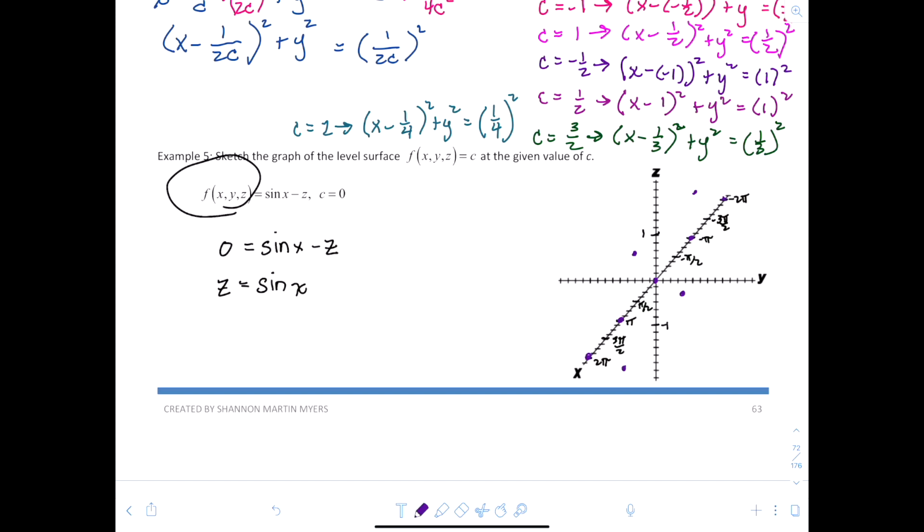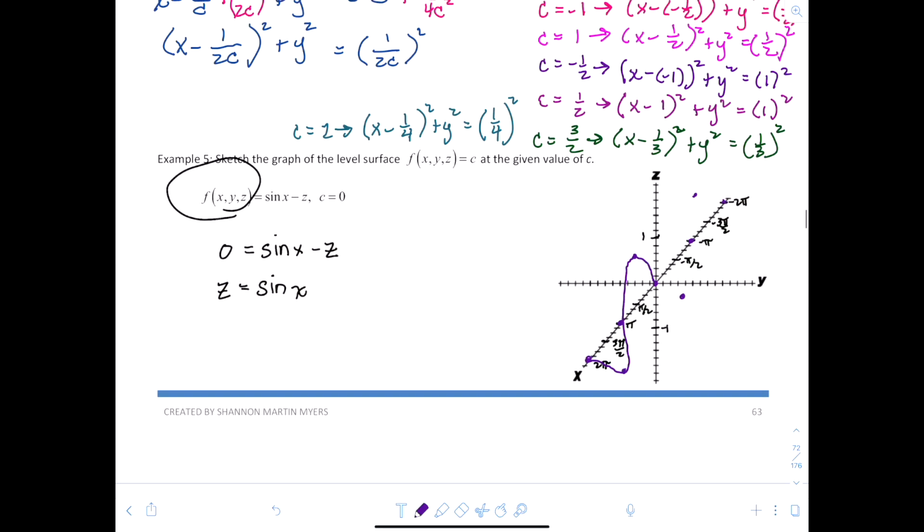So our graph would look something like this on the xz plane. And then remember, it can vary on our y. So if we just kind of mirrored this, it's going to look something like that.